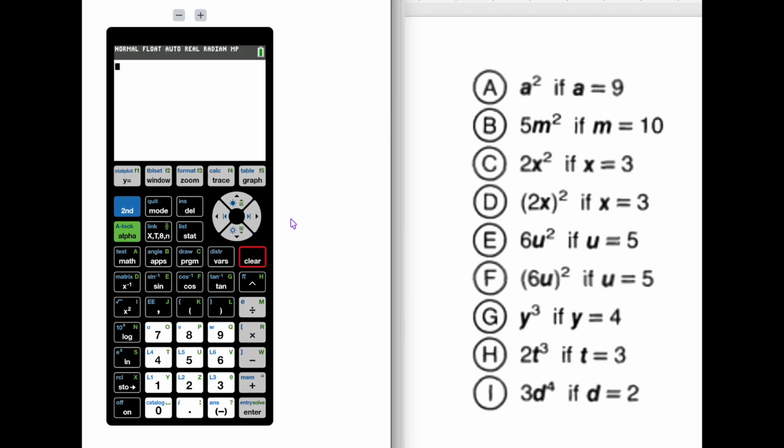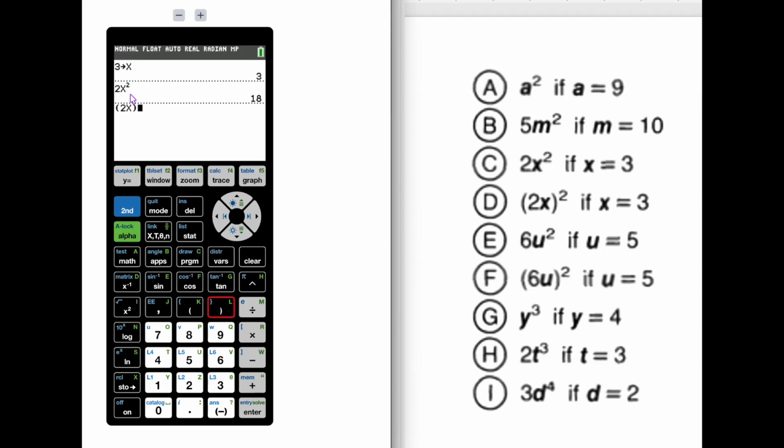C here, 2x squared, where x is 3, so 3, store x, and enter, and then 2x squared. Boom, 18. Now notice the next one has parentheses around it. Even though the x is the same and the expression is the same, except for that, we are going to get a different answer, because in this case, you're going to multiply 2 times x because of the parentheses before you square.